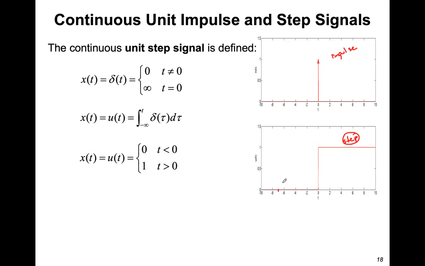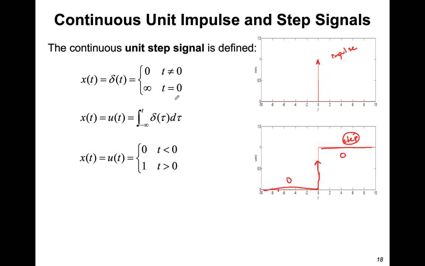That means the derivative at this part is 0, because there is no change in the values. There is no change in the values here, so the derivative is going to be 0. But there is an instant change. Instant change means there is an instant jump here, and this jump is going to be represented as this impulse, unit impulse signal or unit impulse function.